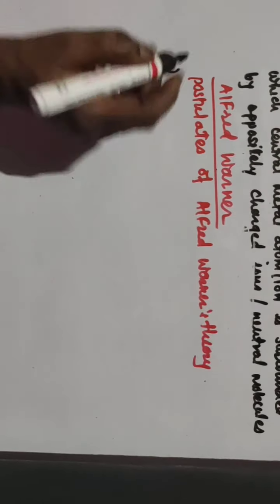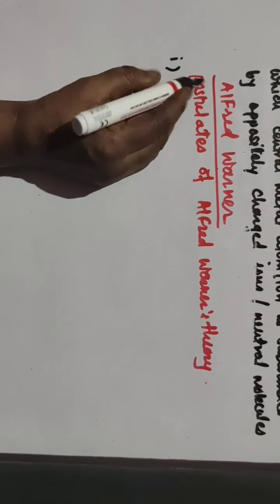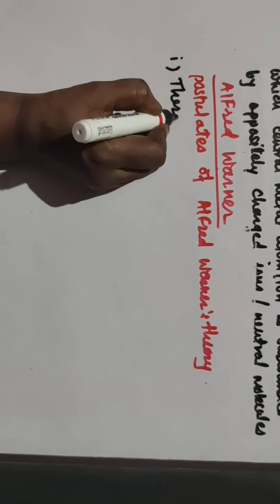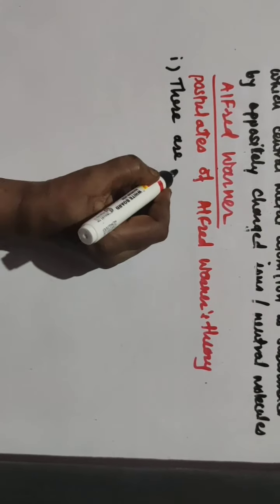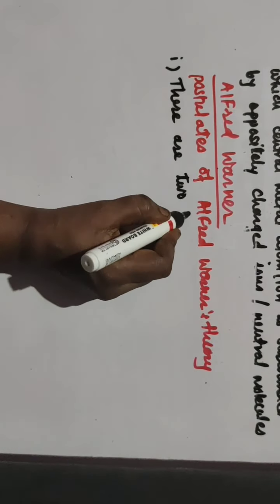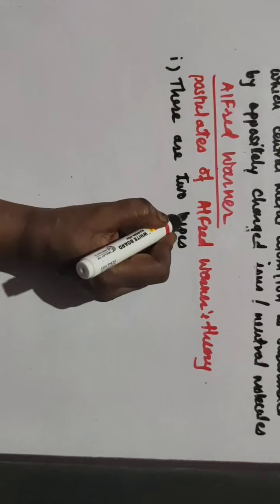First one is primary valency and secondary valency. I'll write here the first postulate. According to Alfred Werner, there are two types of linkages or two valencies.